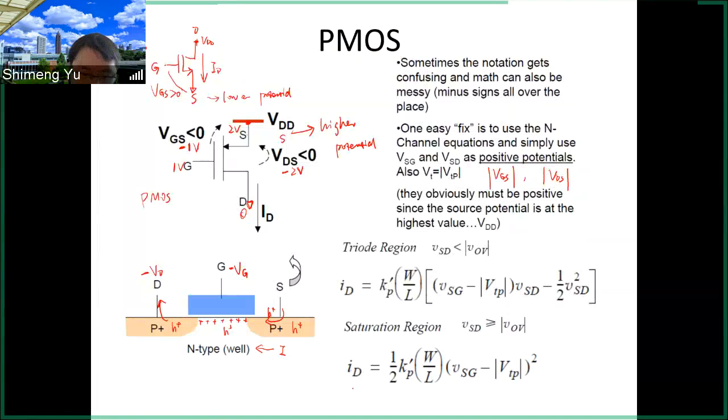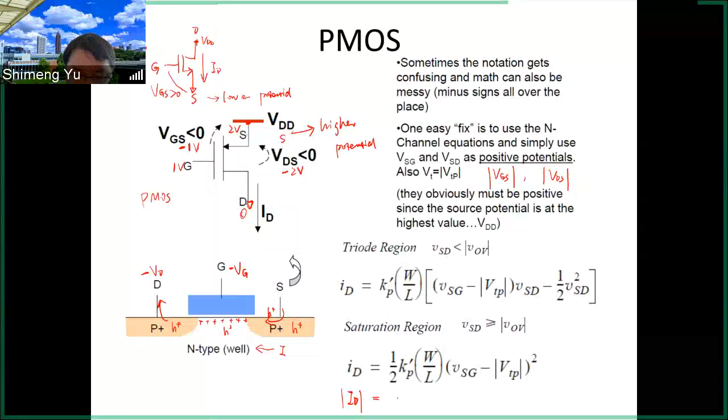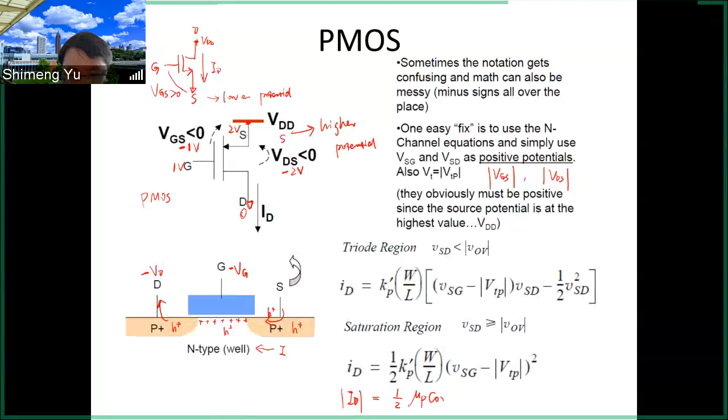So still we have the current, but the current we think is the absolute value of the current. And then still is half, and then this Kp prime, you have to change it to be mu P COX. This P is for the PMOS, and this is the hole mobility.